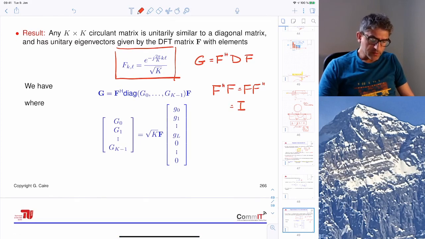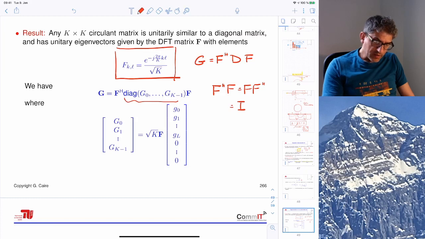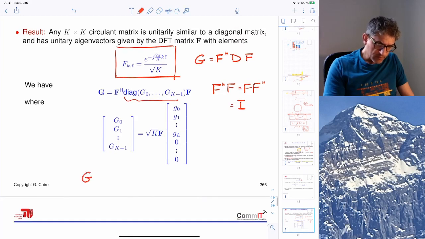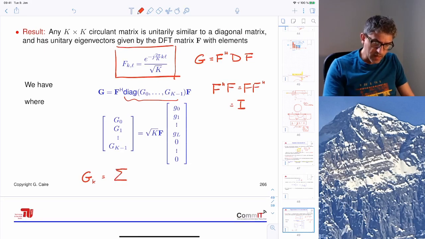So, in other words, the elements of the diagonal here, the eigenvalues of this circulant matrix G, are precisely the DFT of the impulse response, because when you write this product explicitly, G_k is the kth row of this matrix times the column, the square root of K terms simplifying.